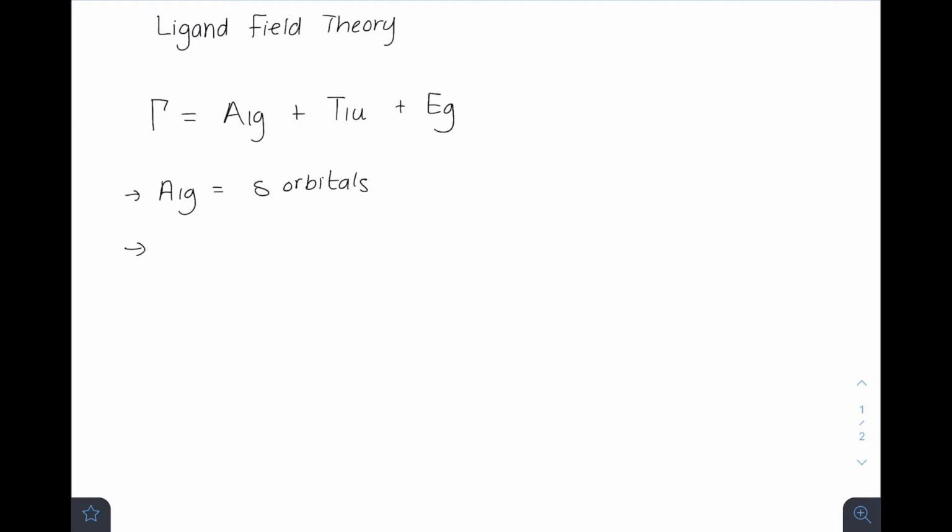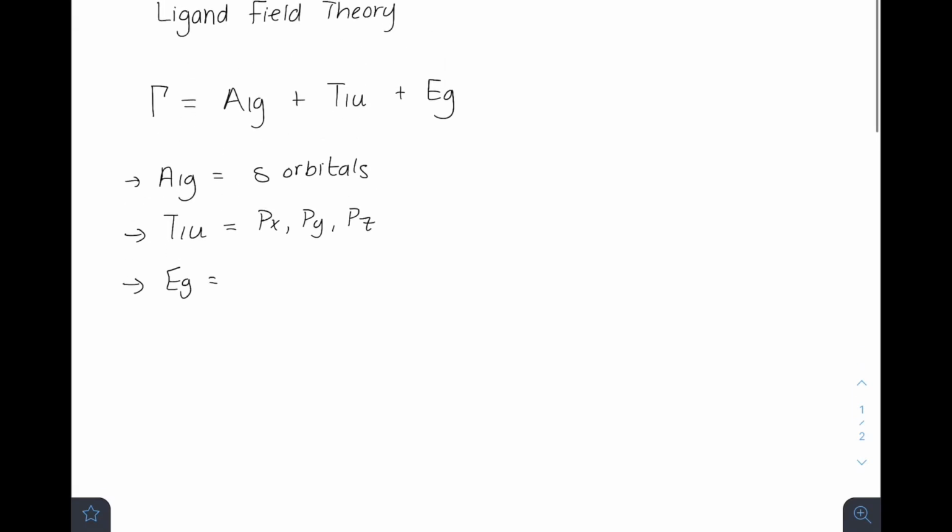Then T1U is going to be our p orbitals, so that'll be px, py, and pz. EG is going to be our d orbitals, but it's not going to be all of them. It's only 2 of the d orbitals: our dx squared minus y squared and our dz squared.